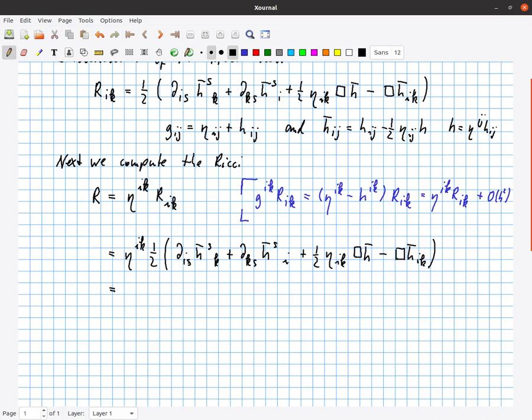We can now, for instance, raise one of these indices. It's not very nice to write, but probably the best thing we can do.